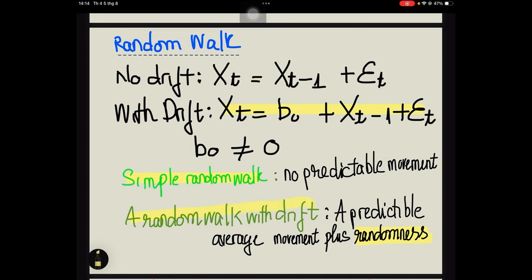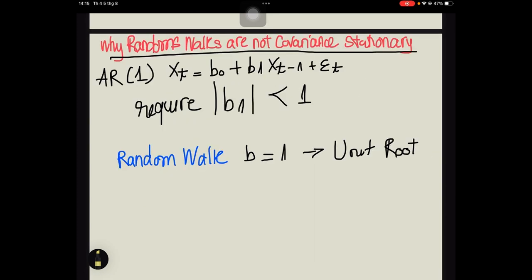Now let's connect the random walk with our previous discussion of the autoregressive model. Remember the AR(1) model? A stationary AR(1) process requires the absolute value of b_1 to be lower than 1. Why? Because the effect of past values must gradually disappear.